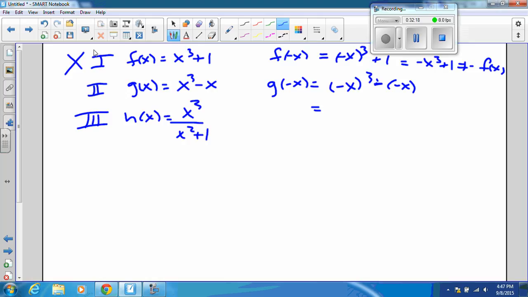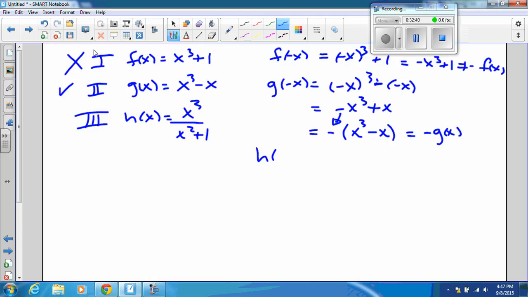When I apply negative x to g here, I get this, then I can check to see whether it is the opposite of the original by factoring out the -1. And when I do, lo and behold, this is -g. So we have an odd function here.